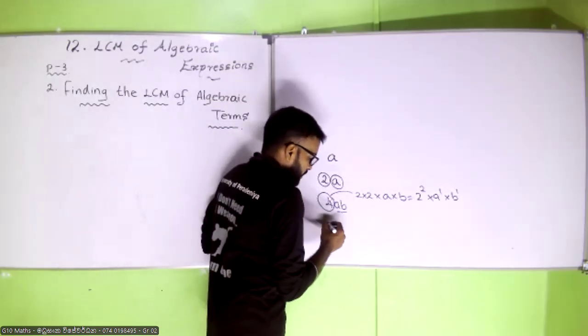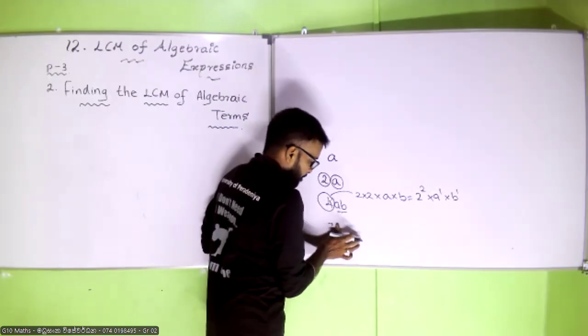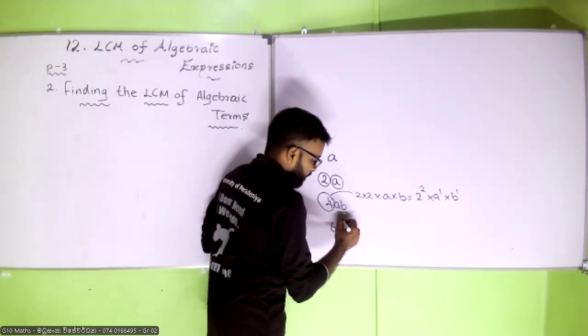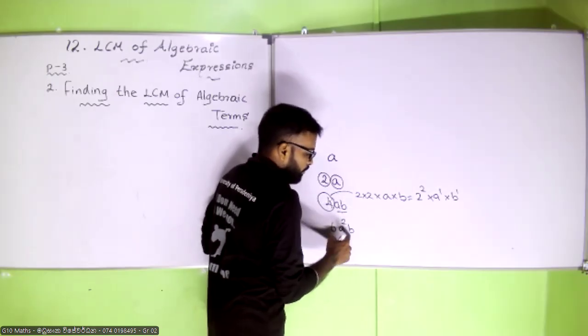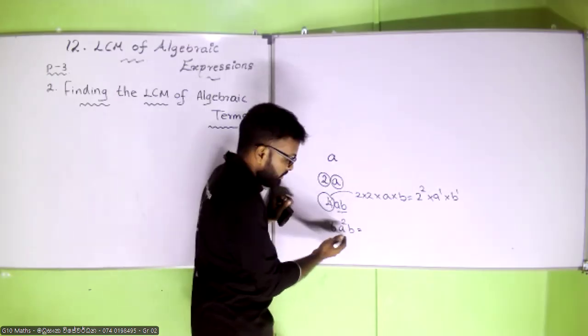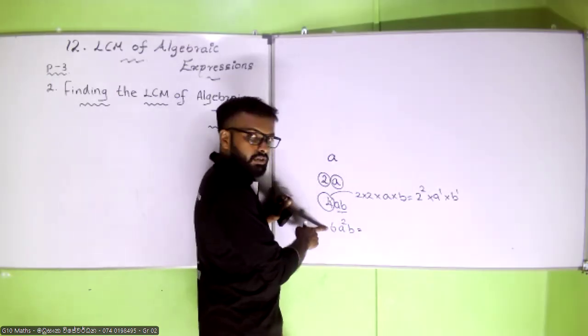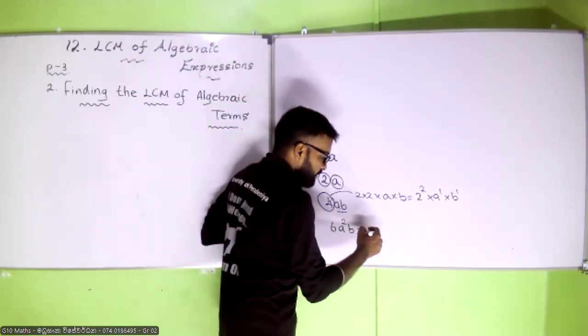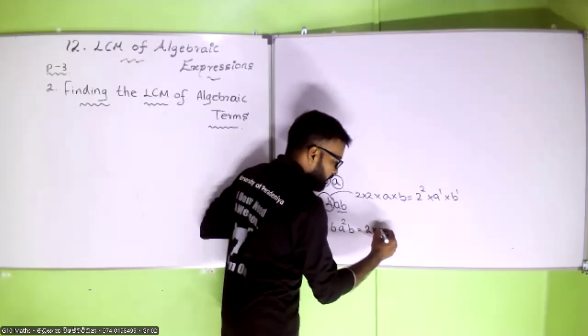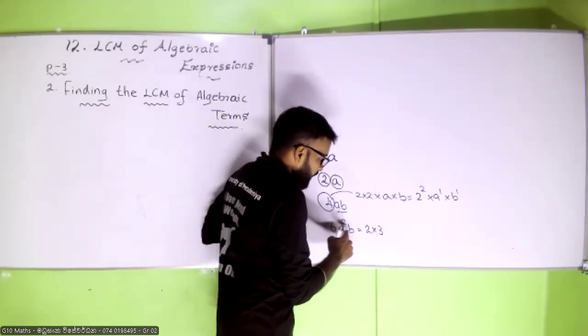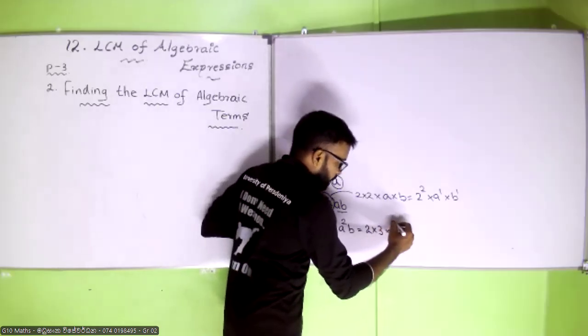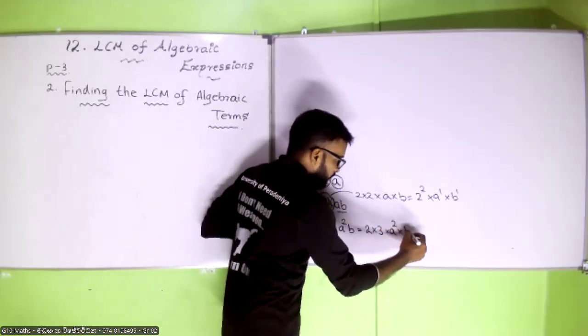If we take another one, now there is an algebraic term something like this, 6 times A to the power 2 B. This is an algebraic term. The numerical value is included. So 6 can be represented by 2 times 3. You know that, previously we did it. A to the power 2 and B to the power 1.